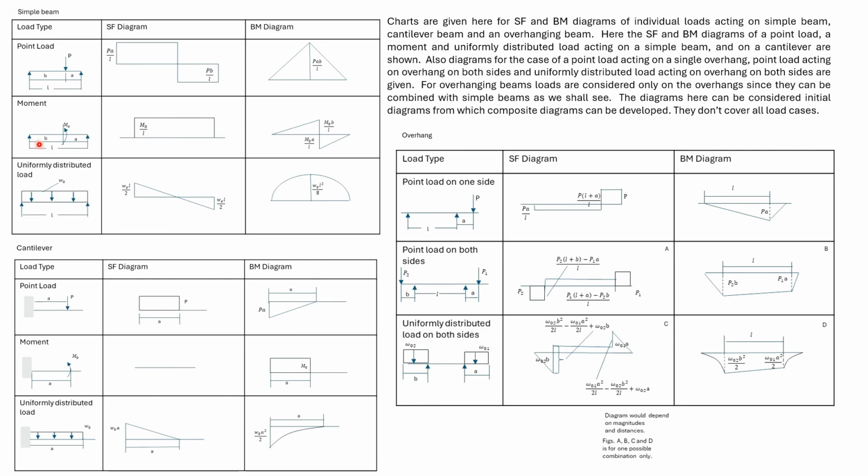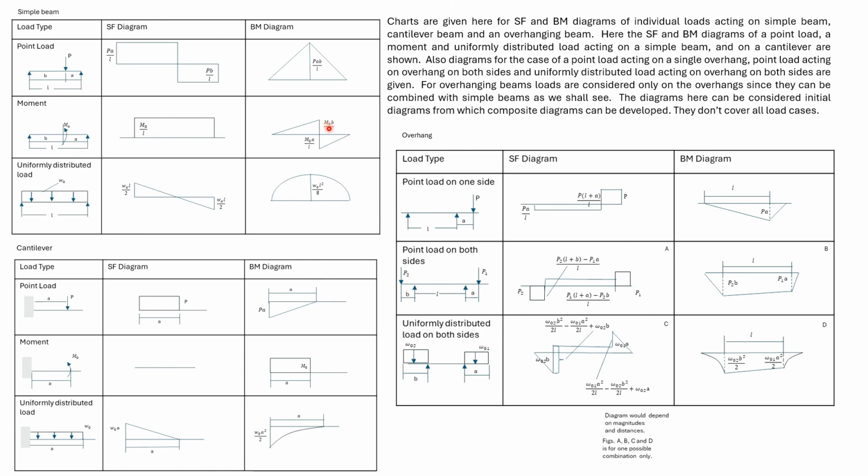Here we have the case of a moment acting on a simple beam. The shear force is then constant throughout the beam, and the magnitude is given as M0 divided by L. For the direction of moment chosen, the bending moment increases linearly along b.